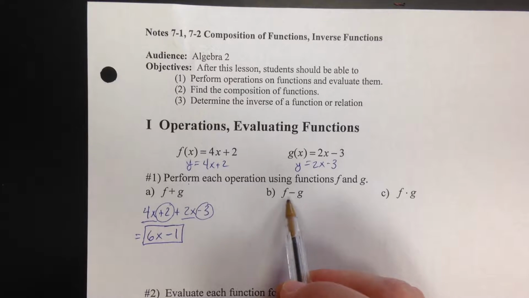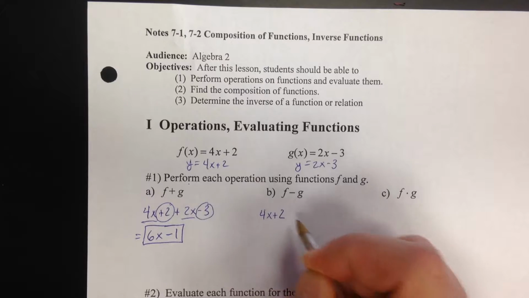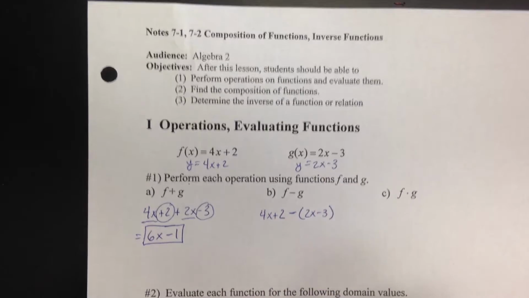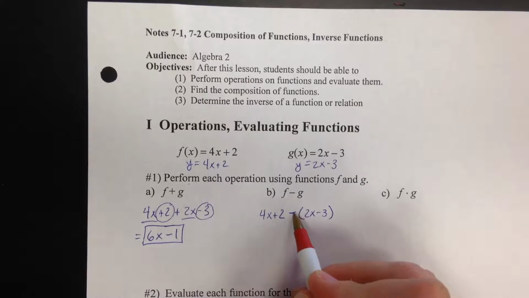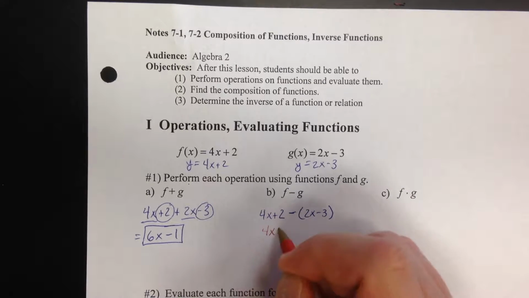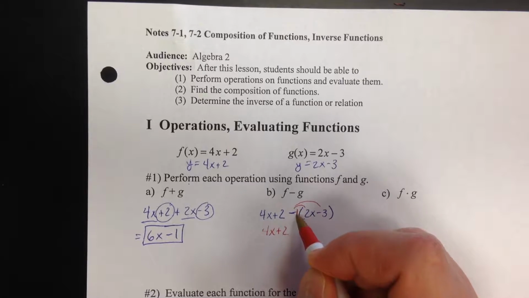Part B, let's subtract the two functions. So 4x plus 2, that's the f, minus, now I'm going to put the g function in parentheses, and the reason is, when I subtract, I'm subtracting both terms here. So 4x plus 2, I have to distribute this minus. This is like a minus 1.